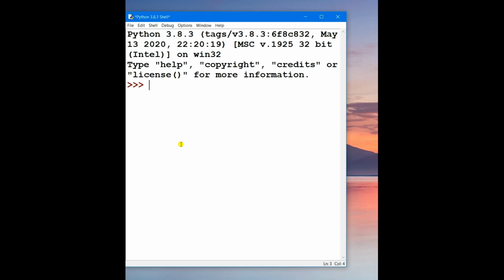Addition is simply done with the plus sign. When we do 5 plus 4, we get 9. Similarly, if we do 2 plus 6, we get 8. We can do the same with variables as well.